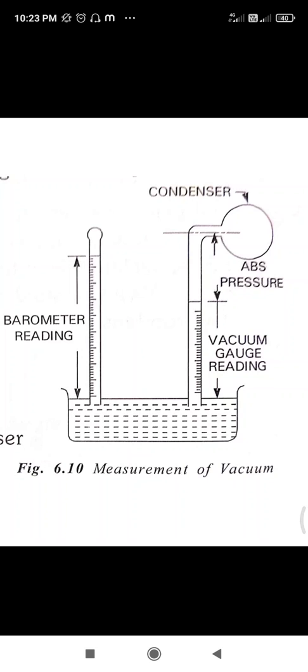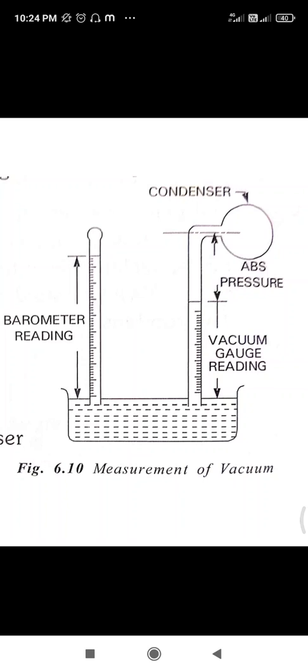The corrected vacuum is equal to the standard barometer reading minus the absolute pressure in the condenser, that is equal to 760 minus actual barometer reading plus actual vacuum. In this way, we calculate the corrected vacuum.